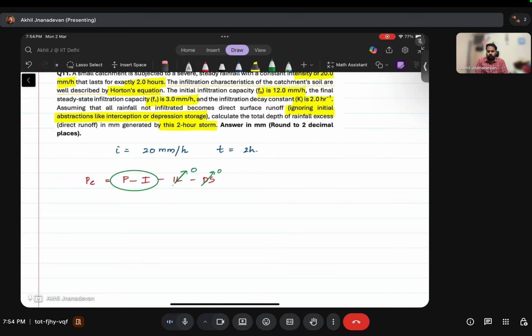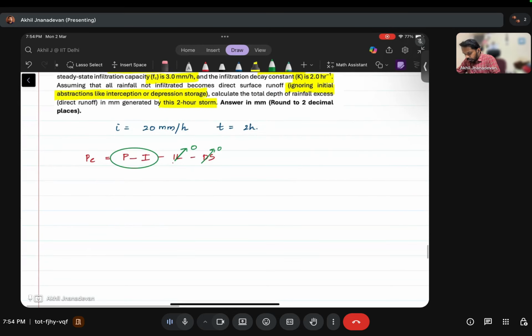Okay, so we have Horton's equation. I hope you remember the formula. This is an empirical equation derived by Horton, and it is given by: the infiltration rate at any time t is f equals Fc plus (F naught minus Fc) into e raised to minus kt.